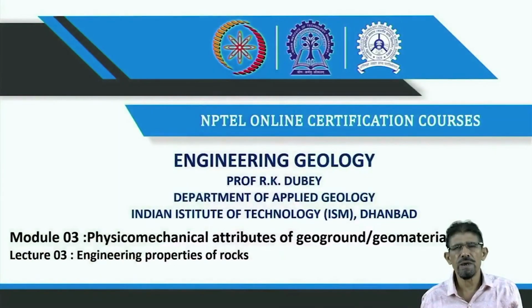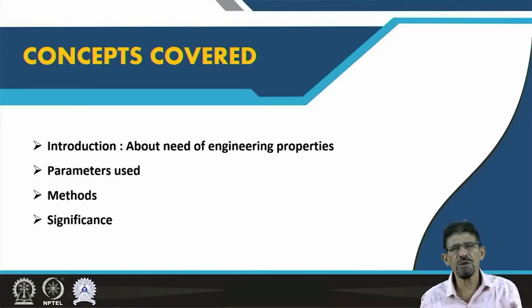Friends, in these lectures we are going to elaborate about engineering properties of rocks. We are going to cover the need of engineering properties of rocks and parameters used, then methods for determination of engineering properties of rocks, and then significance in brief.